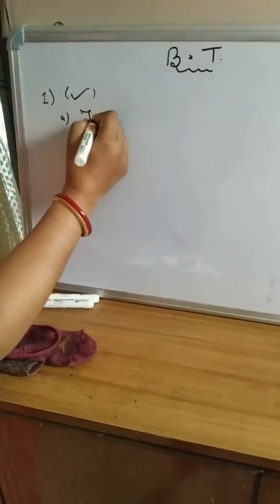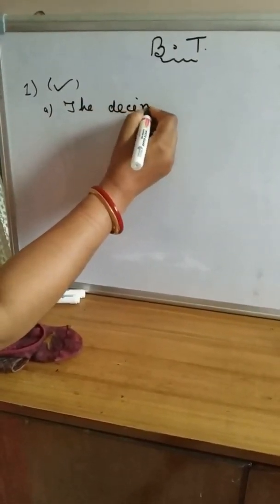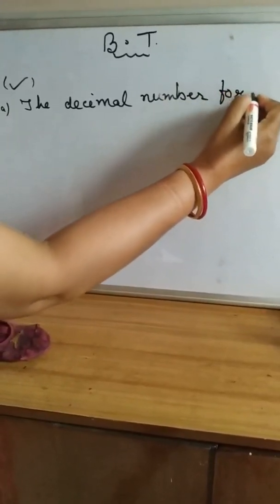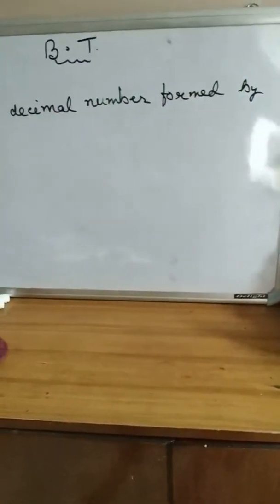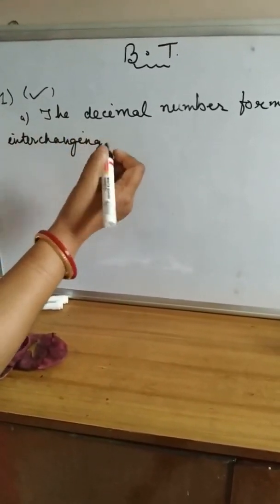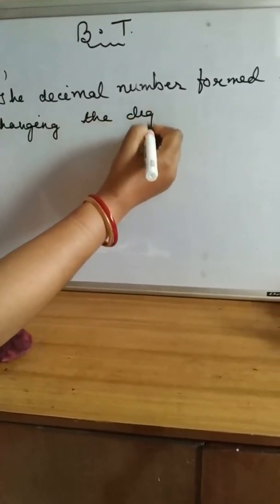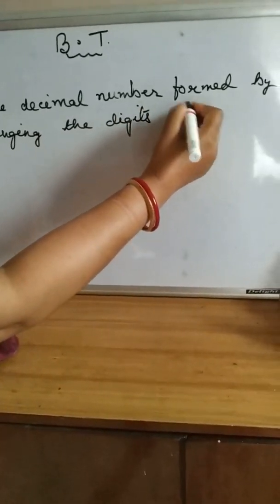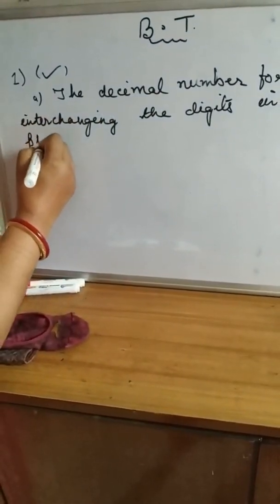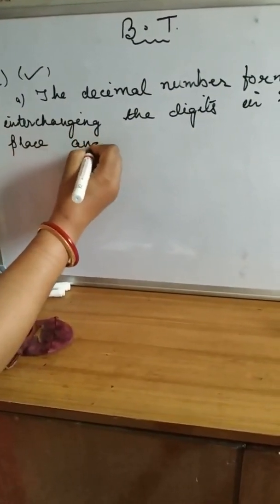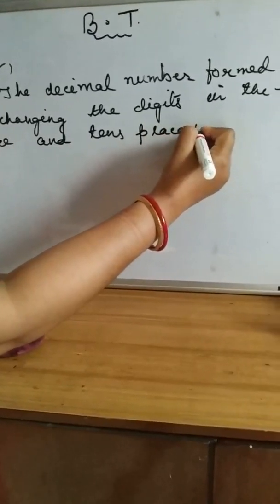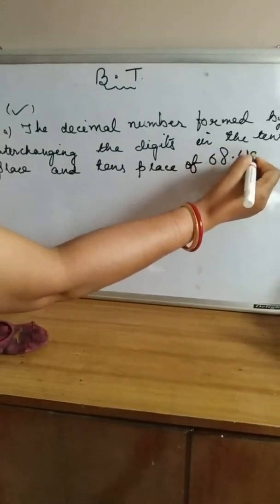The decimal number formed by interchanging the digits in the tenths place and the hundredths place of 68.49 is.